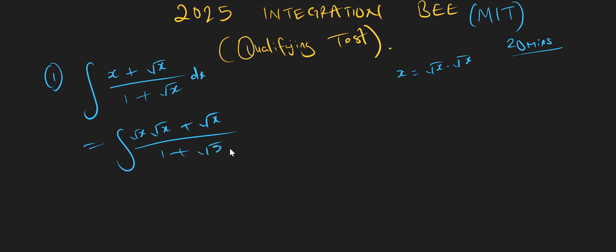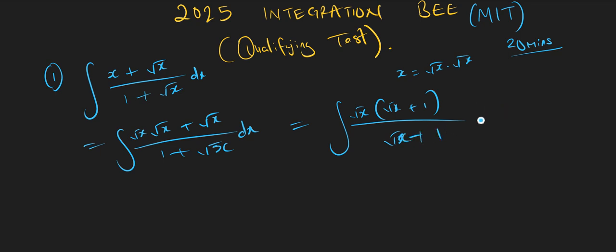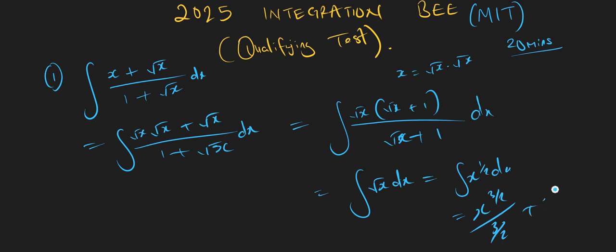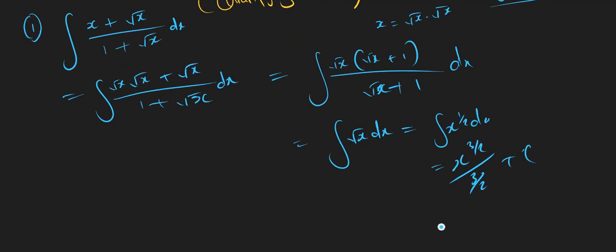The reason for doing this is going to be clear as we factor: we factor out square root of x, and we are going to have square root of x times square root of x plus 1, all divided by square root of x plus 1, dx. So basically this equals the integral of square root of x dx, which is the integral of x to the power of half dx, which is x to the 3 halves over 3 halves plus c. So we can write this as 2/3 x to the power of 3 halves plus c.